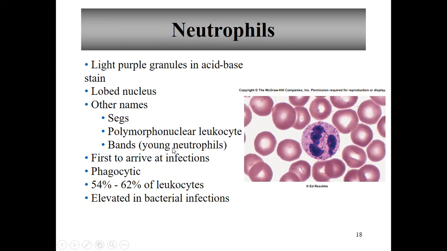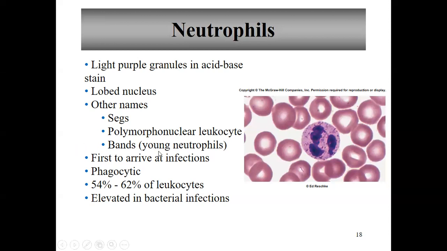Remember, a couple slides ago, I talked about when you do a red blood cell count and you look at red blood cells in the microscope, if you see a bunch of red blood cells that actually still have their nucleus, then you know something is going on in that person's body, because the bone marrow is putting immature red blood cells into circulation.